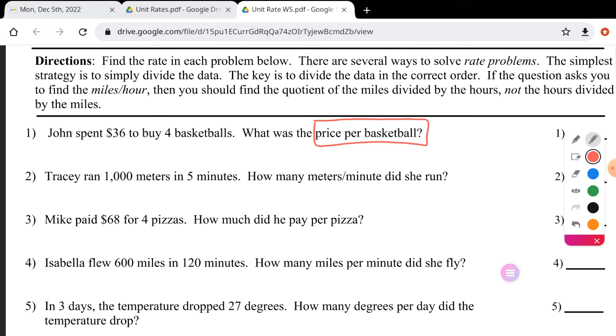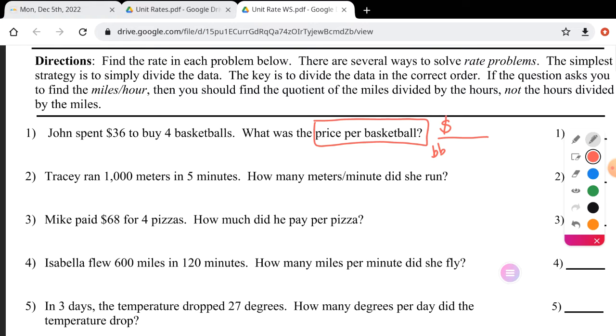That right there is telling me my labels are going to be dollars over basketballs. In the other one it didn't ask an actual question. The directions just said find unit rate. On these ones, all of them have a question, and the question gives you the order. Am I finding dollars per basketball or basketballs per dollar? In this one, we're finding dollars per basketball.